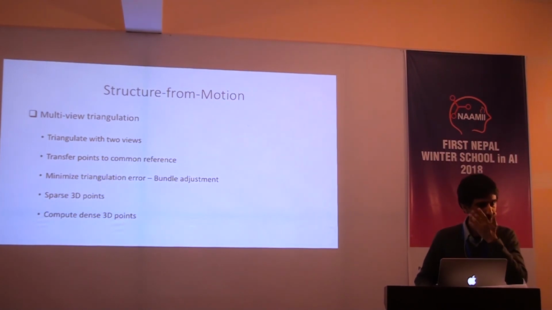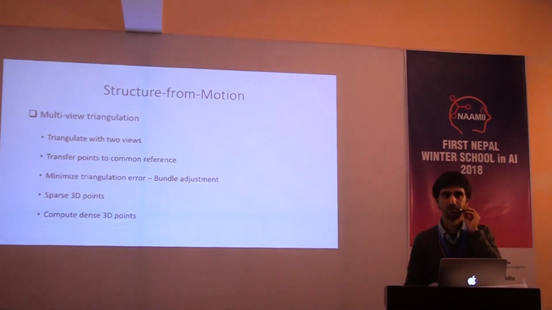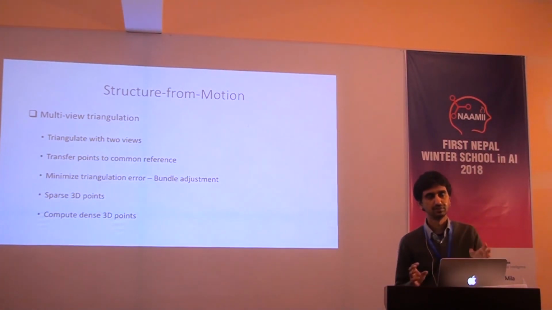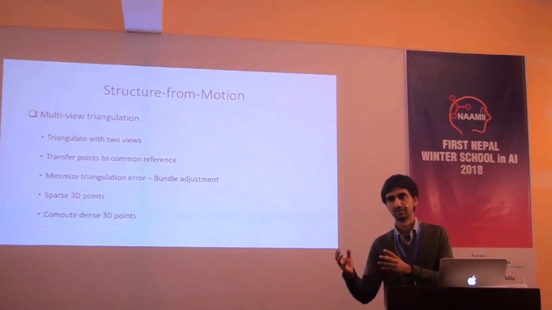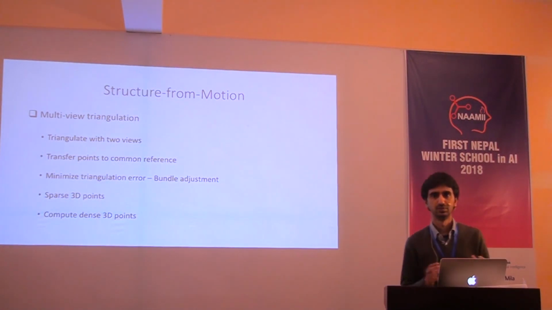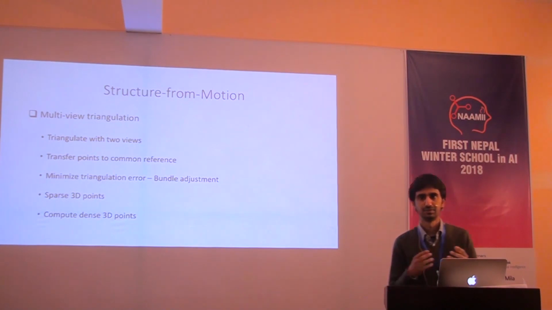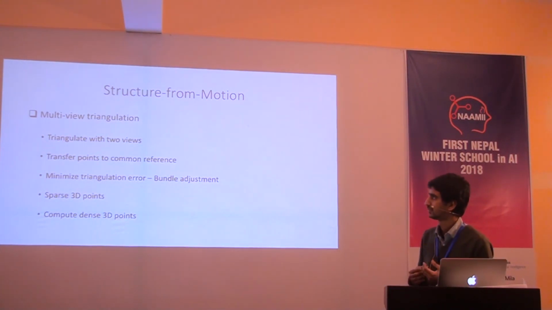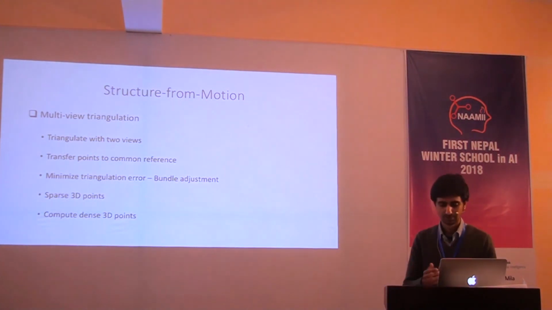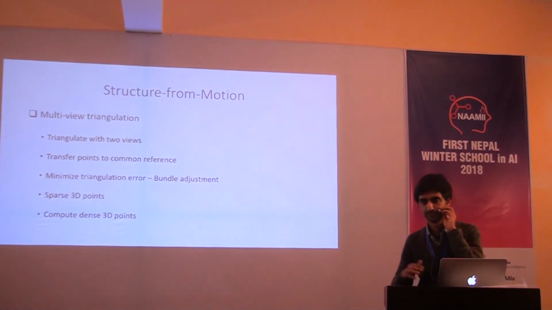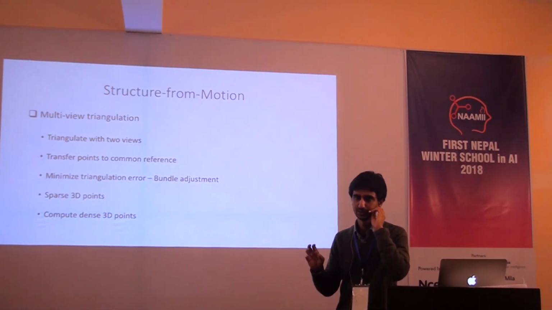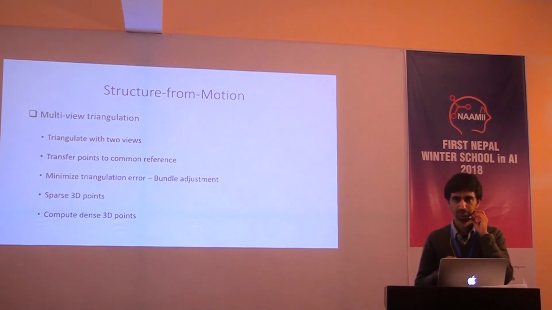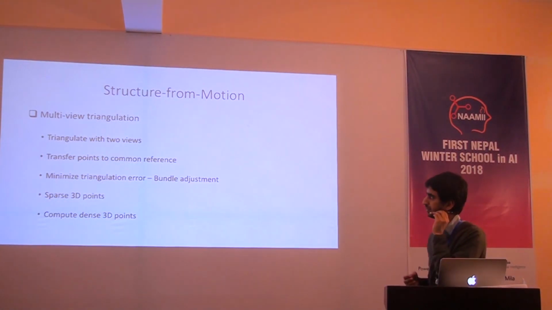It is actually structure and motion, because structure means your 3D shapes, and motion means your camera, how much it has changed, or where the camera is, from multiple images. In structure from motion you have multiple views of images, and you get both structure and motion at the same time.